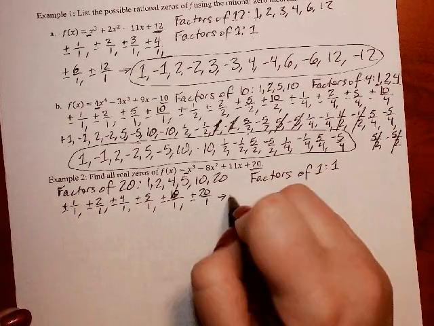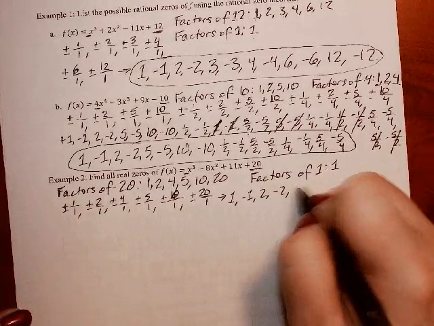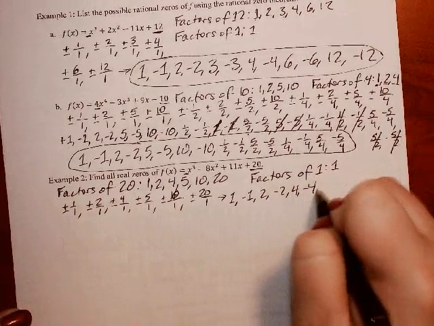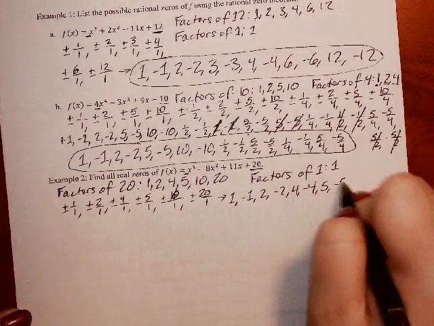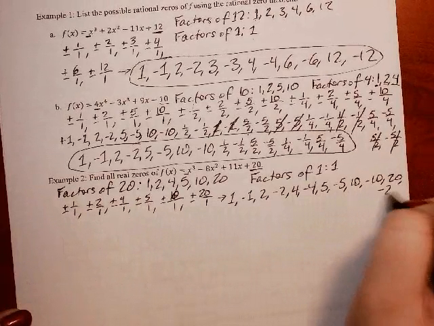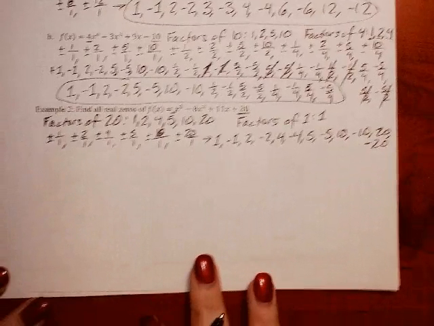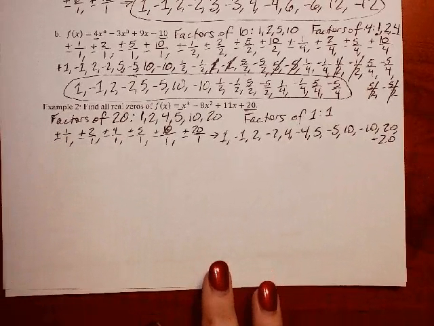So 1, negative 1, 2, negative 2, 4, negative 4, 5, negative 5, 10, negative 10, 20, and negative 20. So those are all my possibles. So now I have to plug them in.